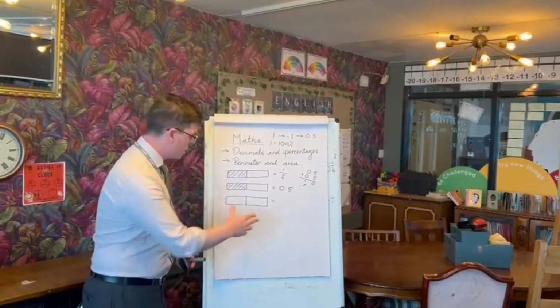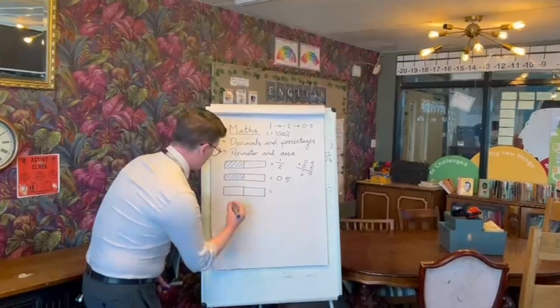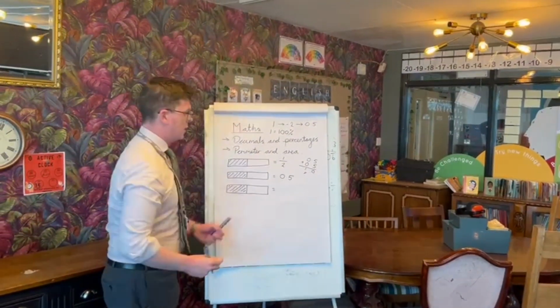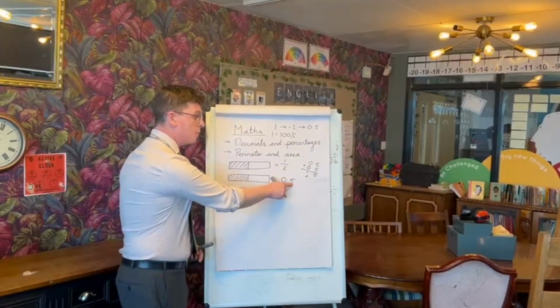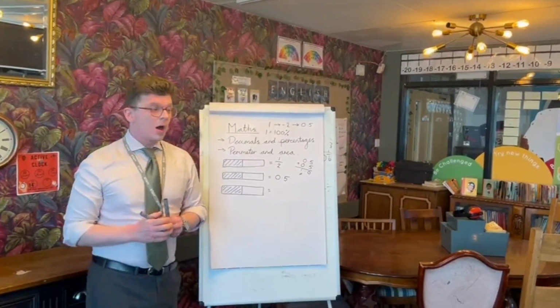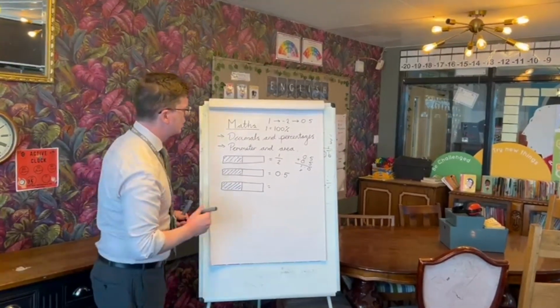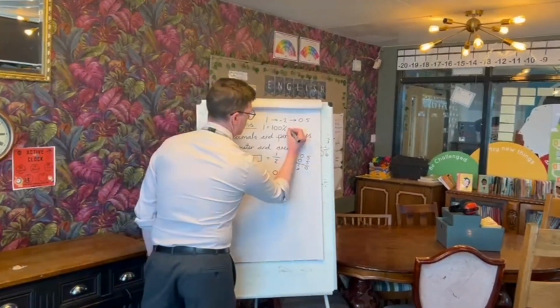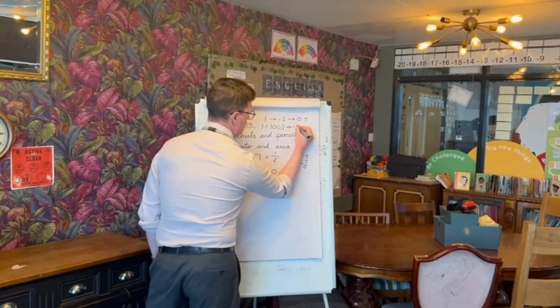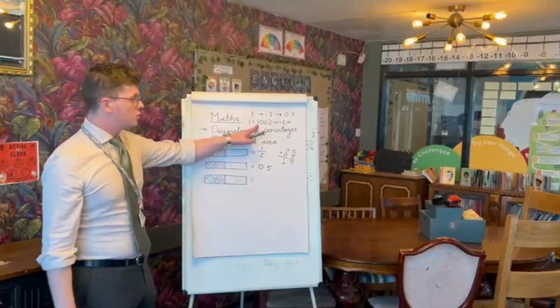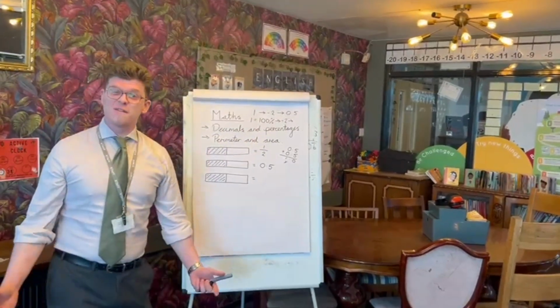Therefore, if we take a look at our bar model again, if I have half as a fraction or 0.5 as a decimal, I now need to figure out, well, what would that be as a percentage? Well, if I take 100%, and just like before, I divide it by 2 to make it half its size, well, 100 divided by 2 is 50.